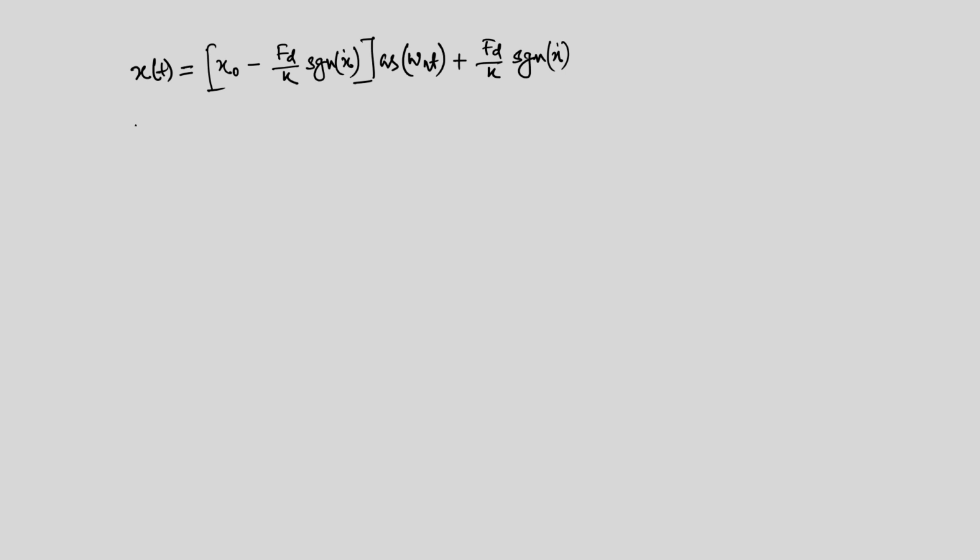So, if we consider the first half cycle, obviously, in this case omega n t is equal to pi, and then you can easily conclude what will be x. It will be minus x naught plus twice f d by k signum x naught.